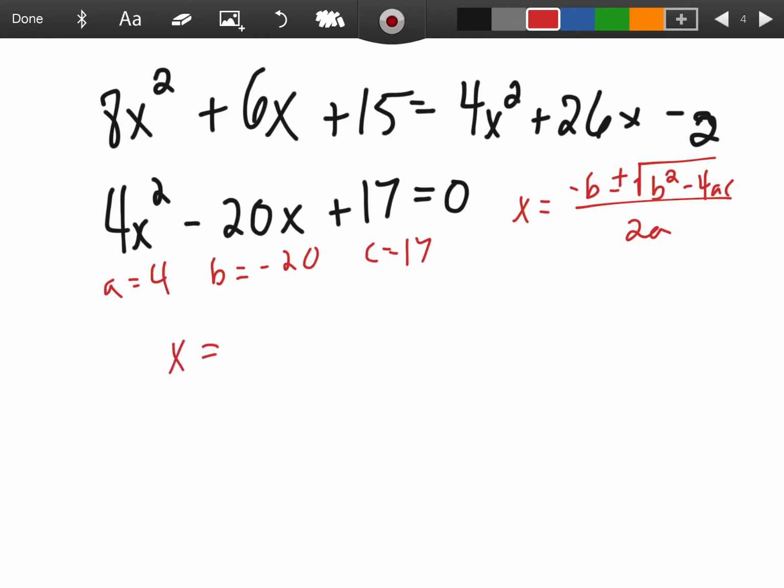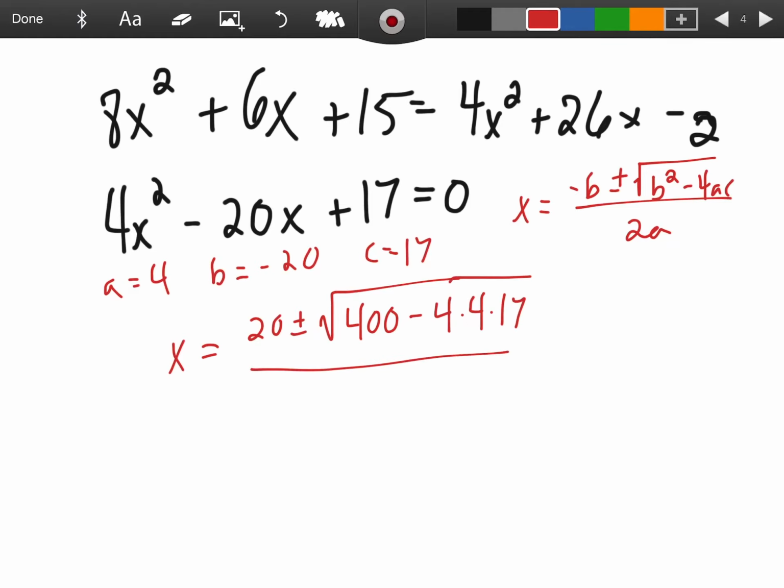So I get x is equal to negative 20 is positive 20 plus or minus the square root of 20 squared is 400 minus 4 times 4 times 17. Okay, 8 times 17, let's see, that's 136, I believe. We'll get there in a second, though. And then all over 2a, so that's 8. All right, so far so good.